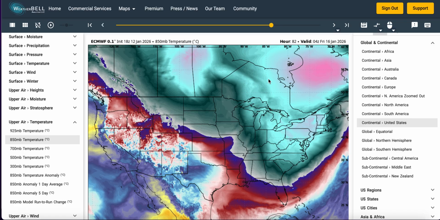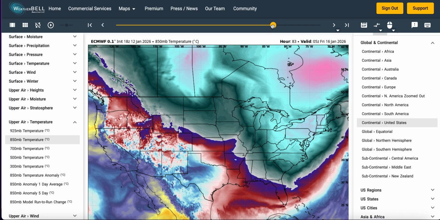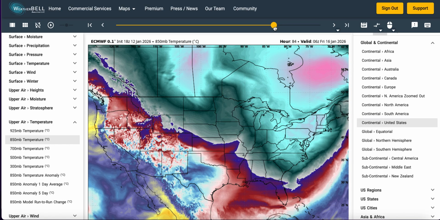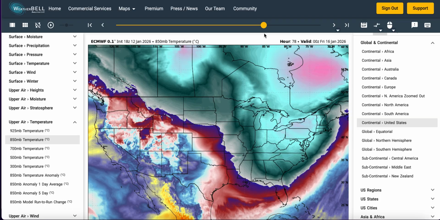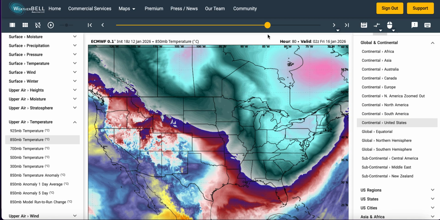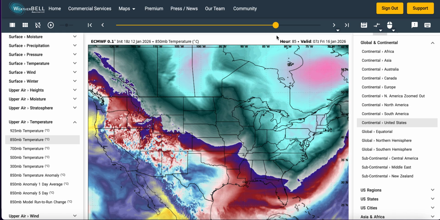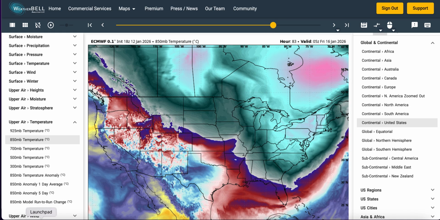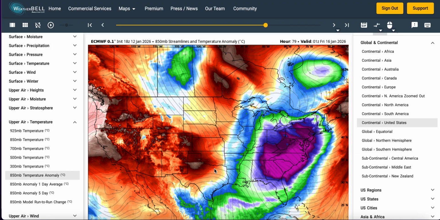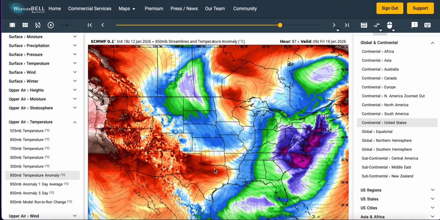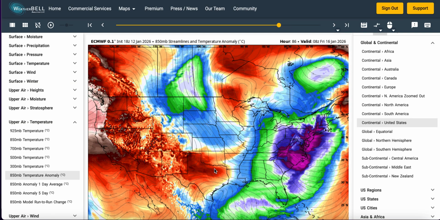That's not record cold, but that's pretty cold. That's almost as cold as you get down in parts of Florida, below 0 Celsius, 32 Fahrenheit, at that 5,000 foot level. That's pretty cold air. In an anomaly map, you can see that pretty cold air mass pushing all the way down into South Florida.